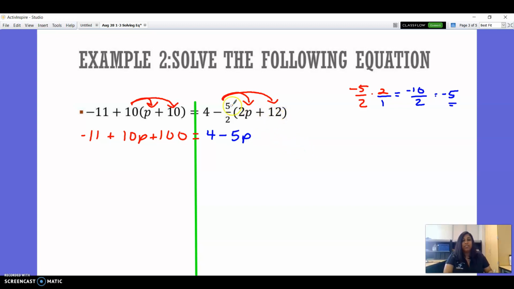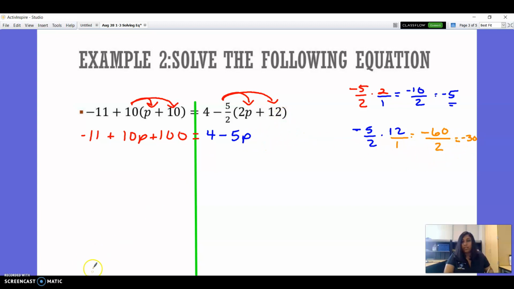And then I'm going to do the same thing with the negative 5/2 times 12. So with the 12, we're going to put that over 1, multiply straight across, negative 60 divided by 2, and that's really just negative 30.